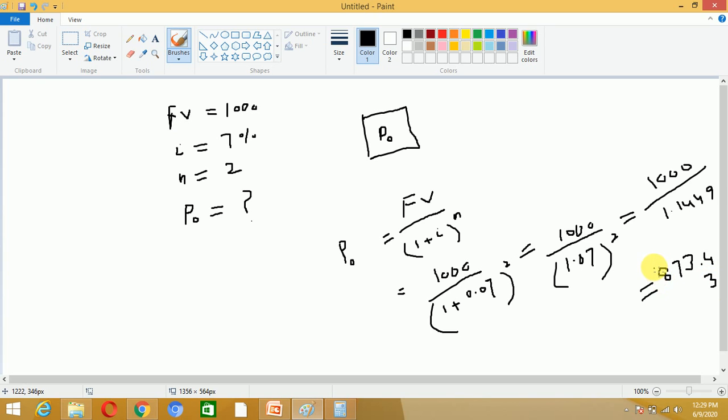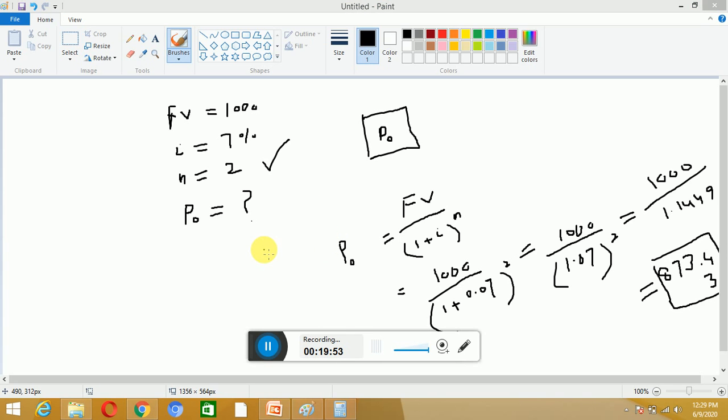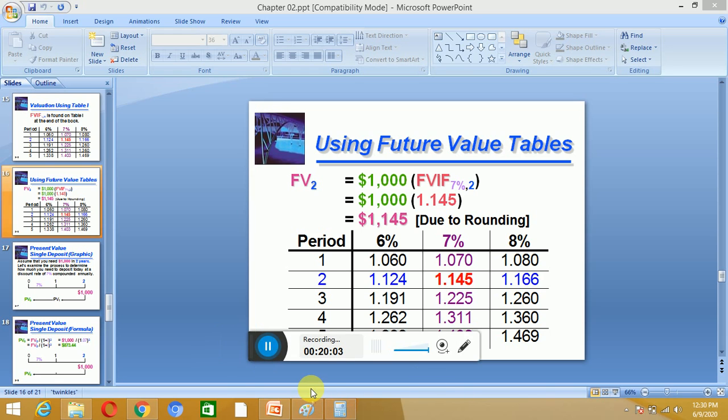So you will deposit $873 in a bank account today. So this money will become $1,000 after 2 years. So this is basically the concept of present value in compound interest. So this is basically the concept of present value and future value.